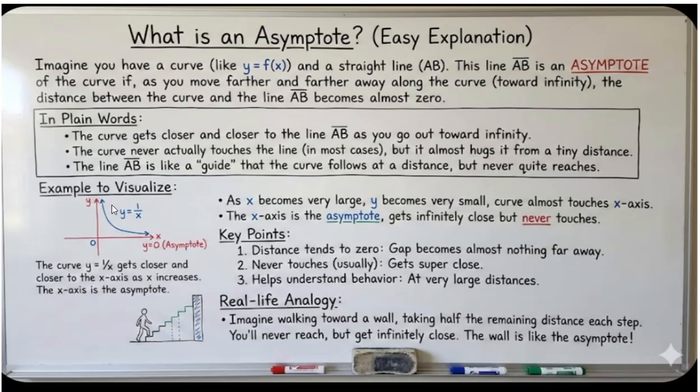In that case, the curve approaches 0 but never touches it. Therefore, that line is called an asymptote. Try to understand: the gap becomes almost nothing, the curve gets closer and closer, but never touches.